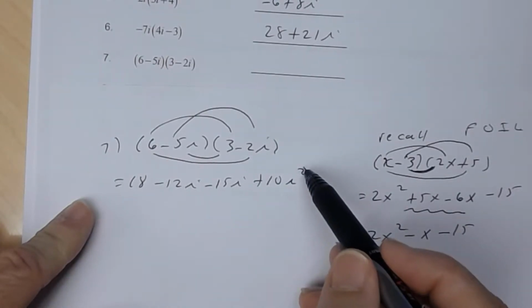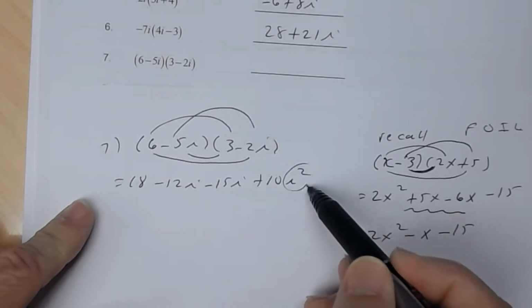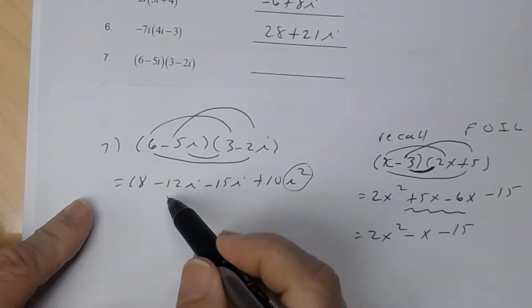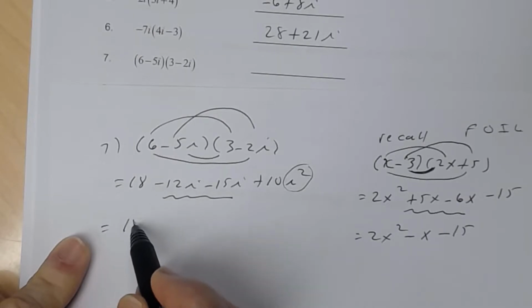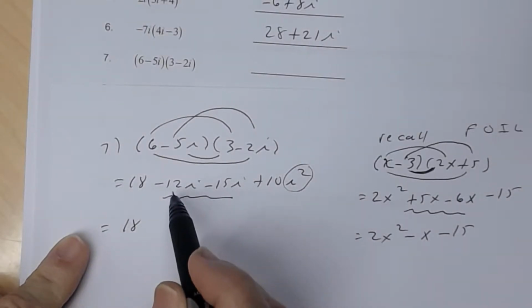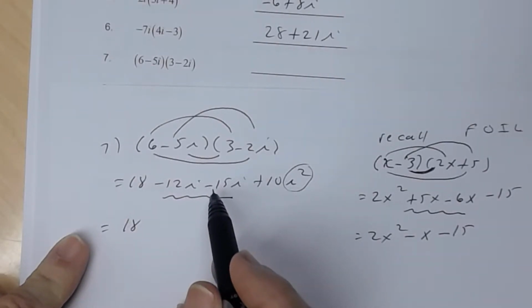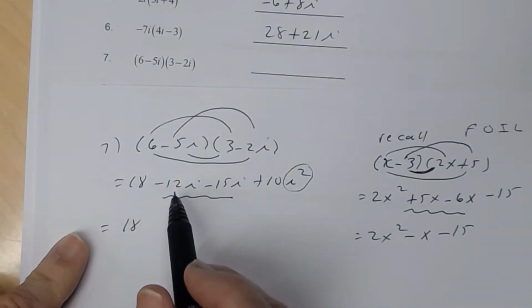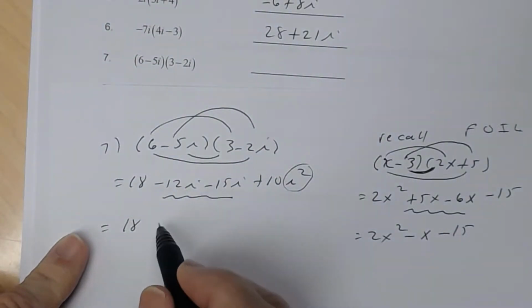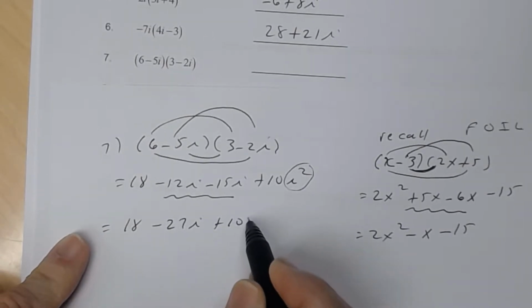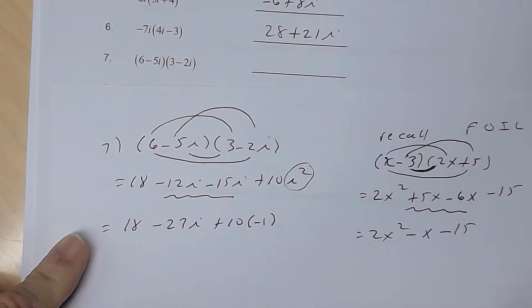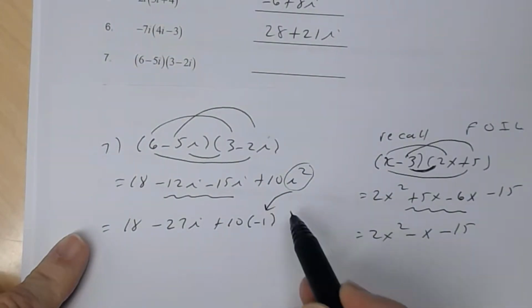Again, now you've got to use the fact that i squared is a negative 1, and you're also going to combine your like terms. So here's what I have so far. I have 18. These two I can combine. A negative 12i and a negative 15i, those are like terms, is a negative 27i. And then plus 10 times a negative 1, because remember, i squared is equal to a negative 1.